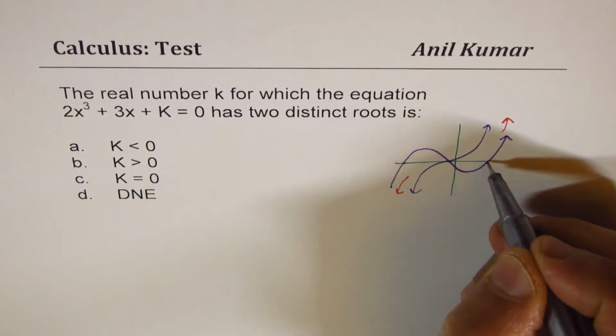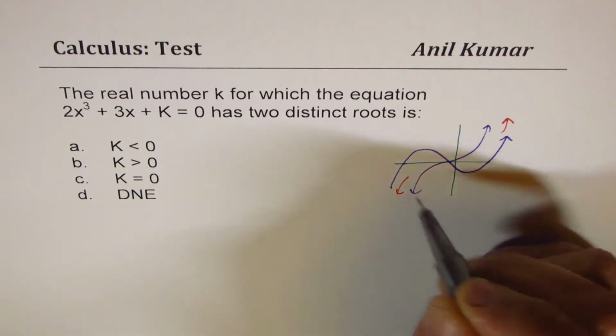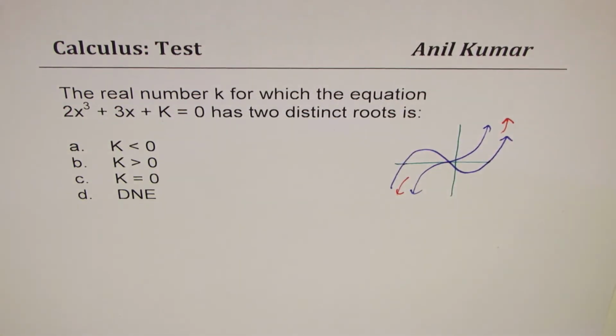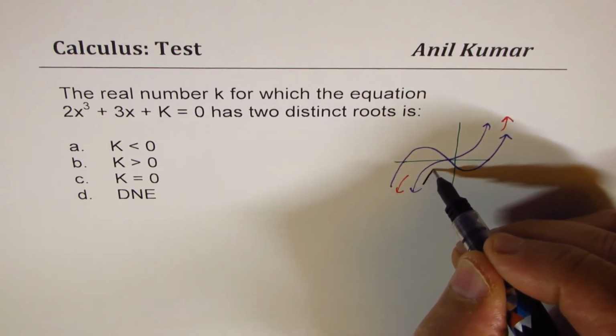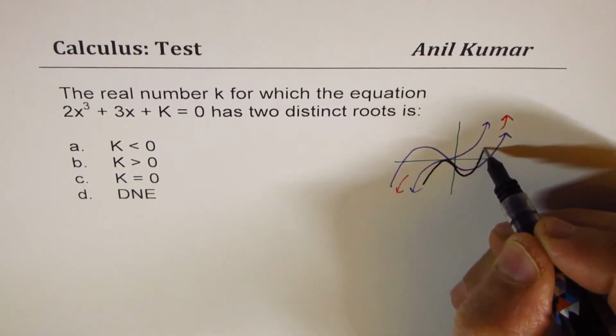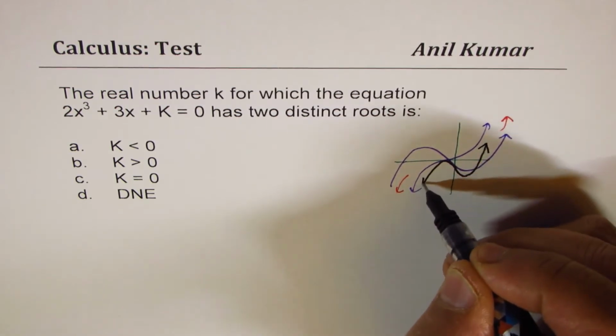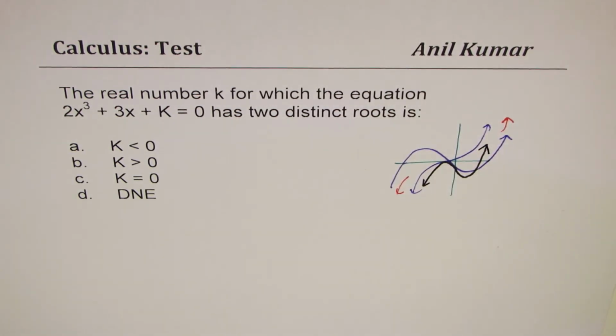That gives us 3 zeros, and two distinct roots really mean that we have a condition where it could go like this. Correct? So that gives you two distinct roots.